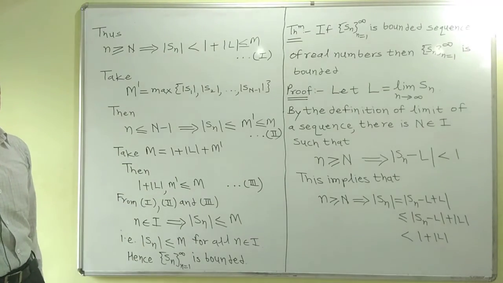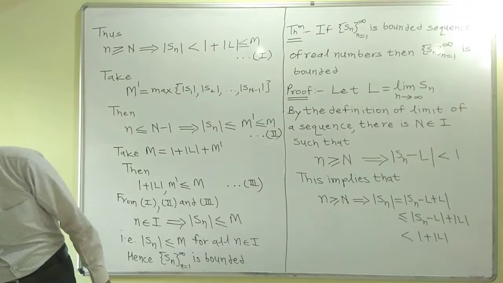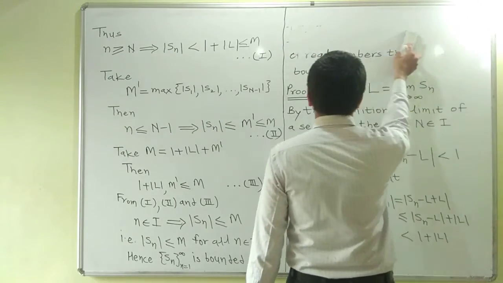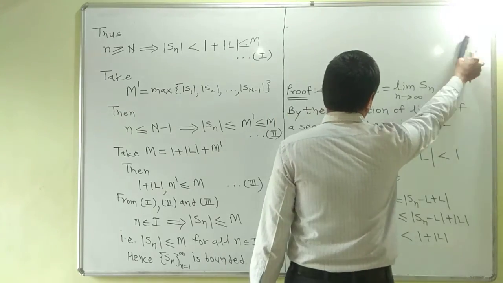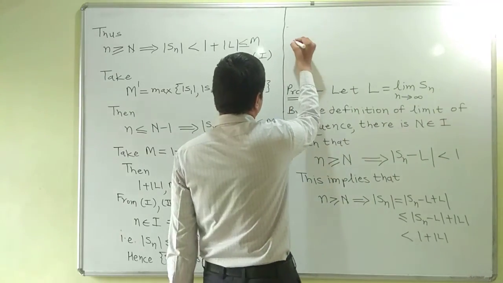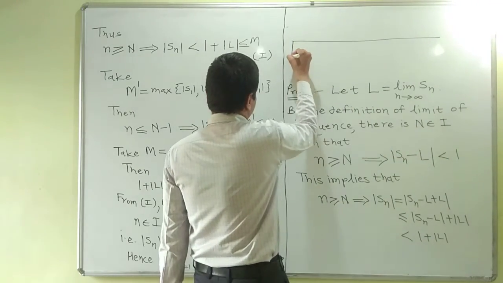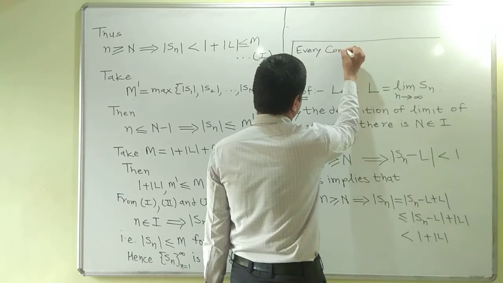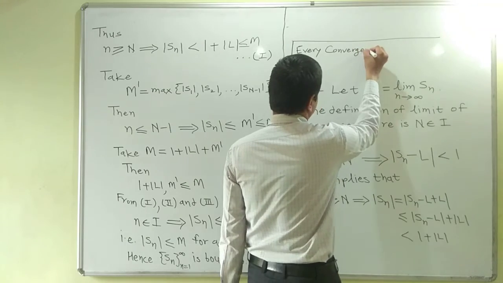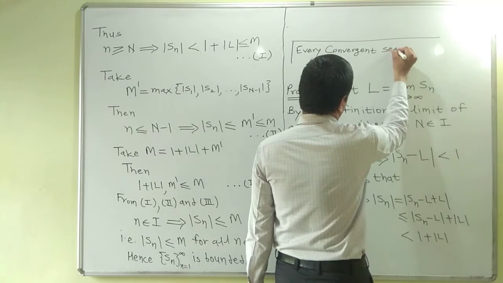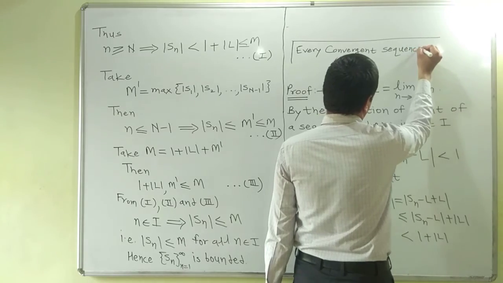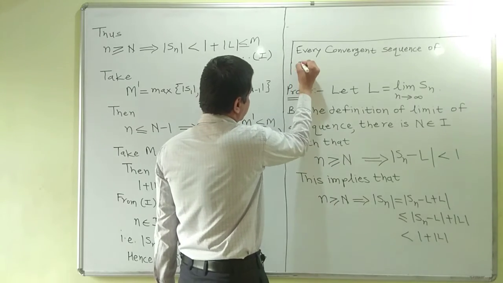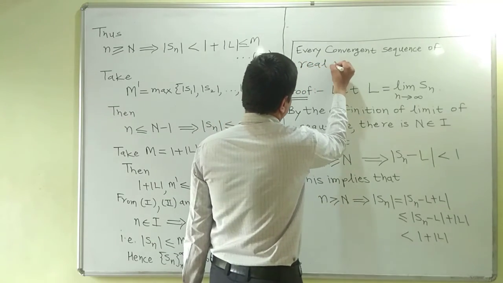So in words we can describe this statement as: every convergent sequence of real numbers is bounded.